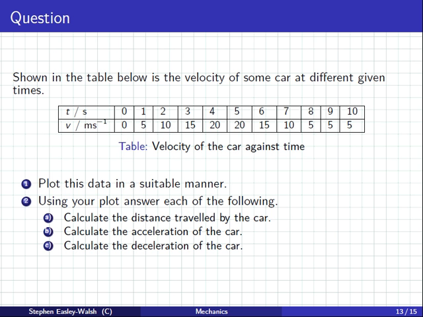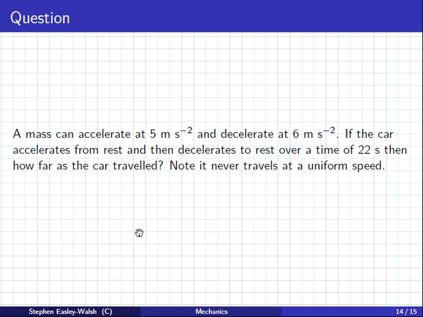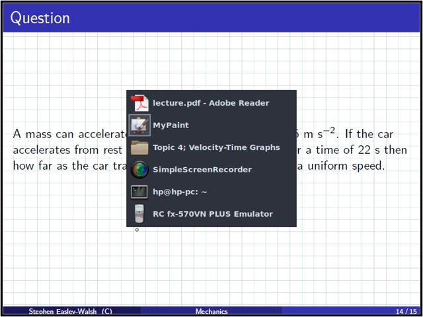What I'd rather do together now is this one. A car can accelerate at 5 and decelerate at 6. The car accelerates from rest and decelerates, in 22 seconds. How far has the car travelled? So I'll draw the picture of what's happening. You have your car.